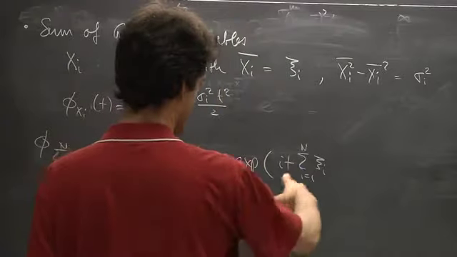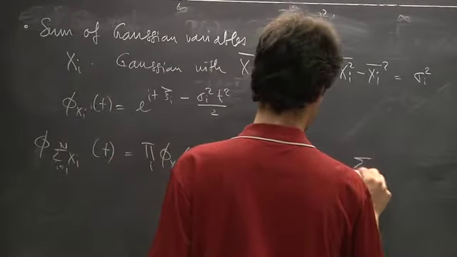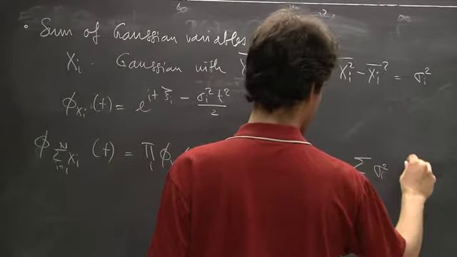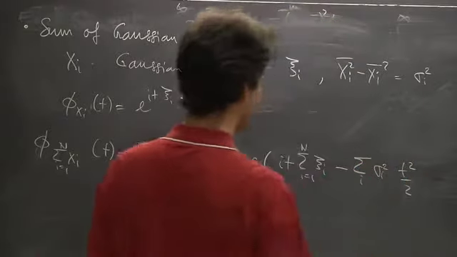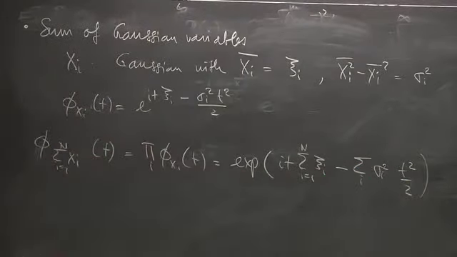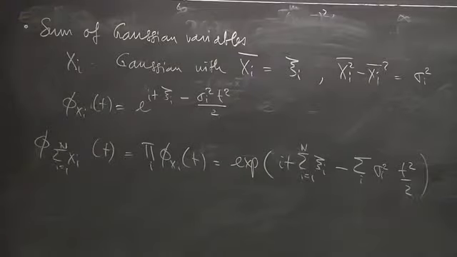So I get here it times the sum of the means minus the sum over i of sigma_i squared t squared over 2. Do you see what beautiful thing this is implying? Can you translate that into words, what we are seeing here?